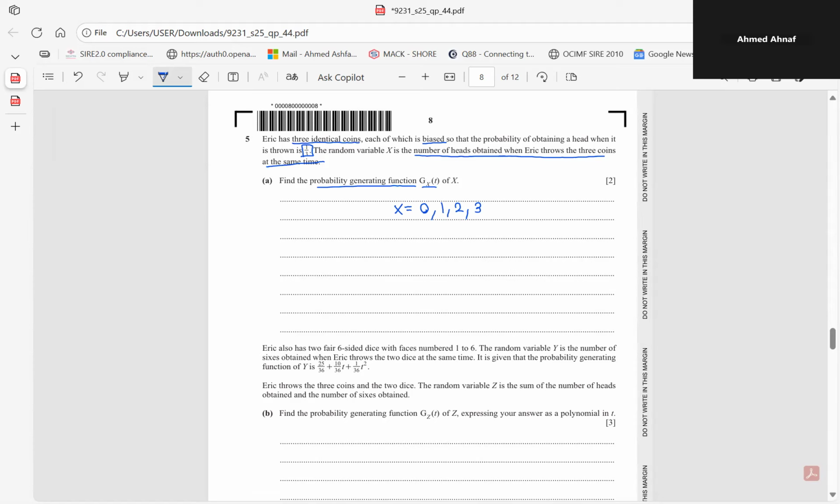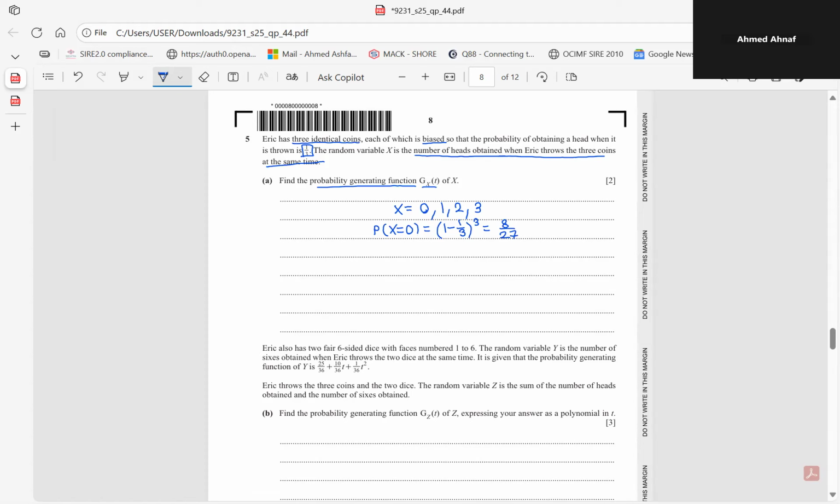Let's find the probability of each one. P(X=0) means all of them are tails, so (1 minus 1/3) cubed, that's 8 over 27.